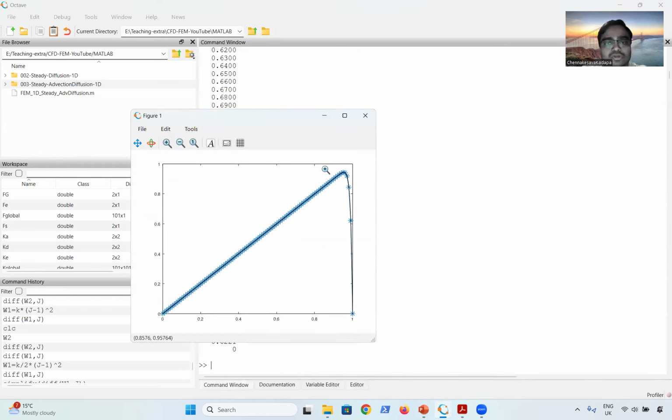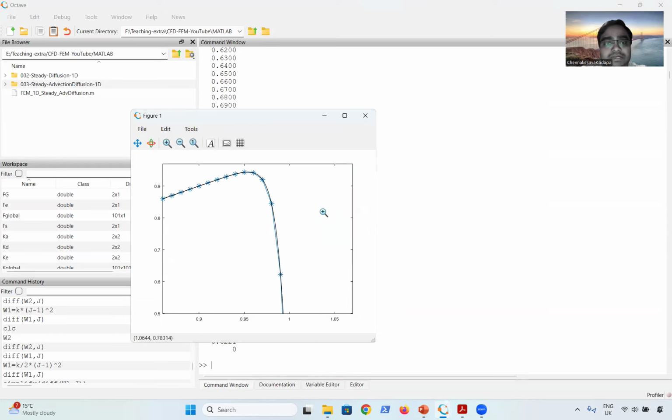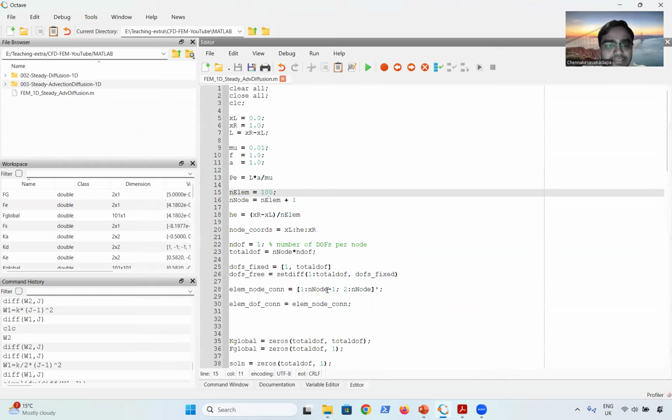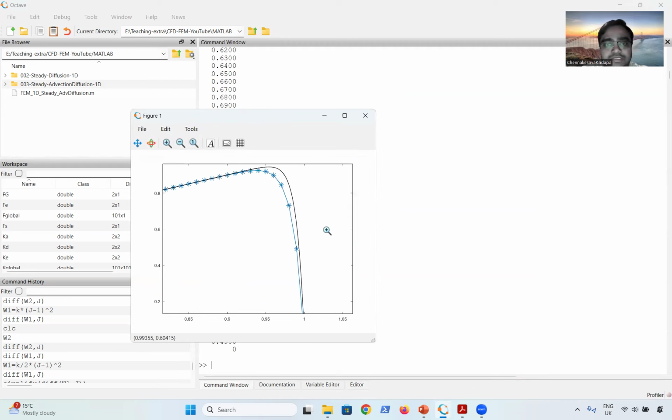Now when we use HE by 2A as the stabilization parameter, there was some error. Now with this optimal value, the solution has improved. So let me recommend this. When we use HE by 2A as the stabilization parameter, the solution has some discrepancy.